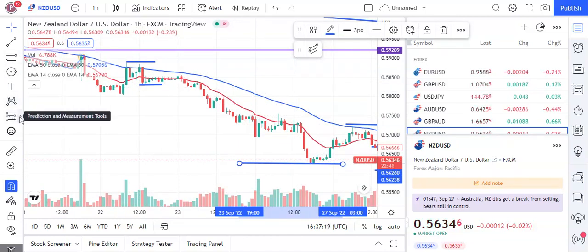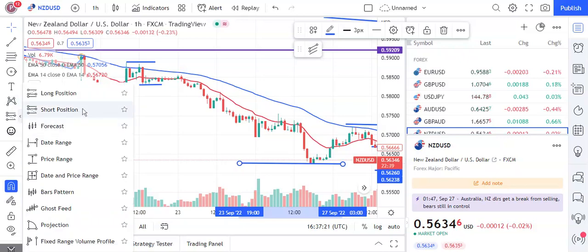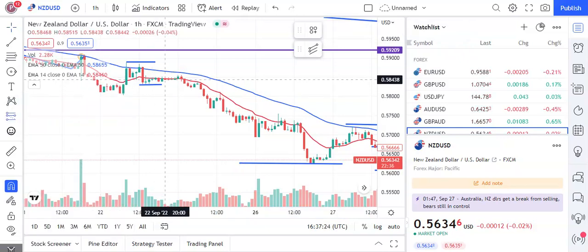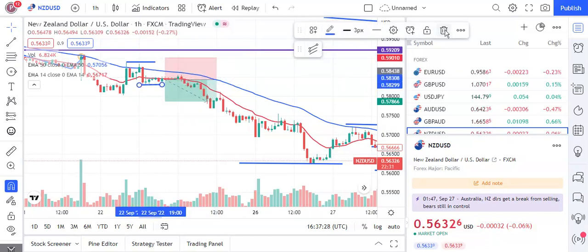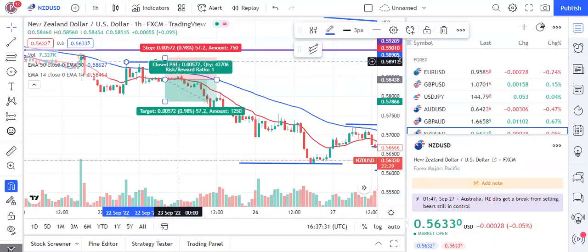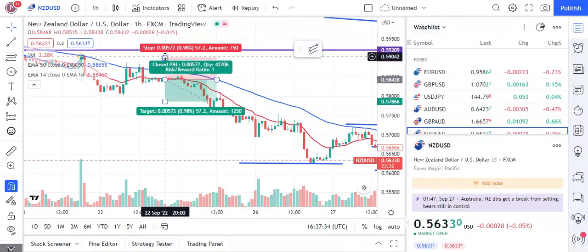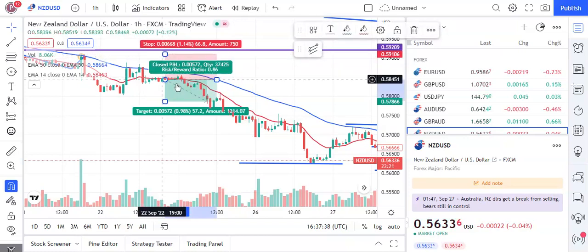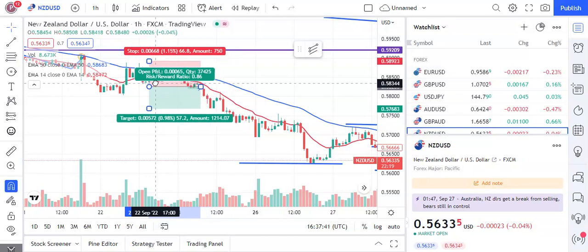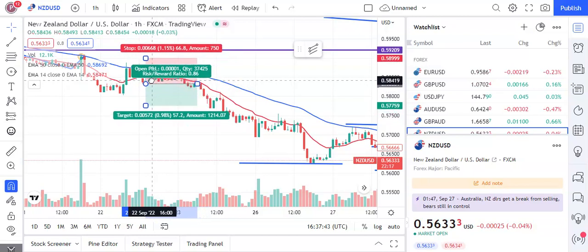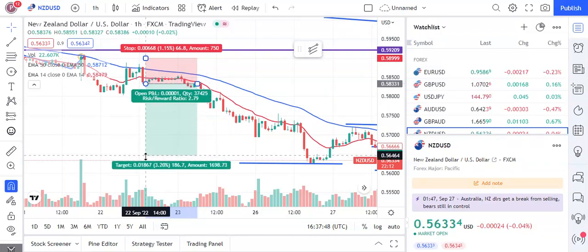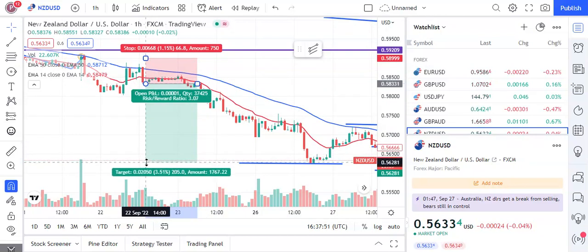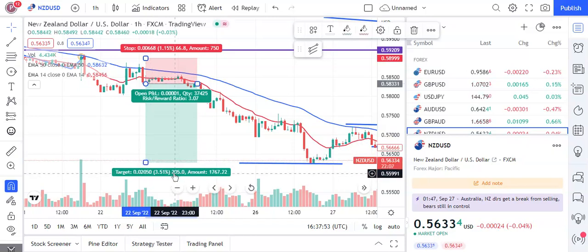Patiently, let me get across the measuring tool and see the entry point here. So this is 205 pips.